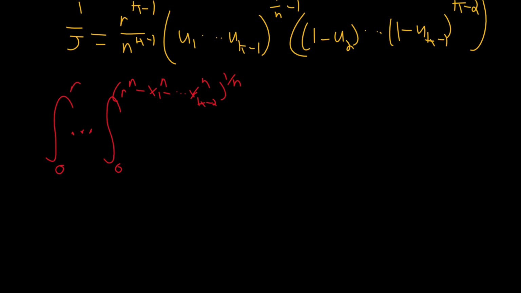And then our actual integrand is just going to be r to the n minus x1 to the n minus dot dot dot minus x k minus 1 to the n, 1 over n. And then we have dxk minus 1, dot dot dot, dx1. This is actually our integral.